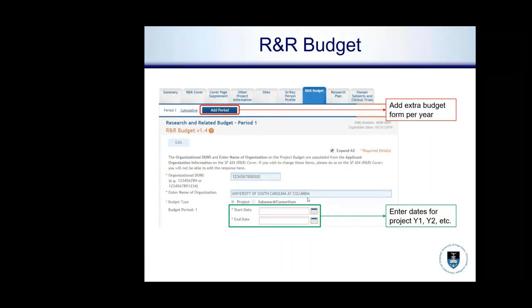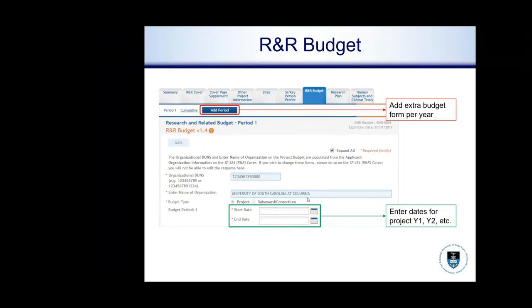A tip here, and it's quite important to take note of this, is first complete period 1 fully before adding period 2. So don't add in advance period 1, 2, 3, 4, and 5, and then go complete the information. The reason for that being is that when you add a period, it essentially copies all the detail that you've included in that period into the following period.